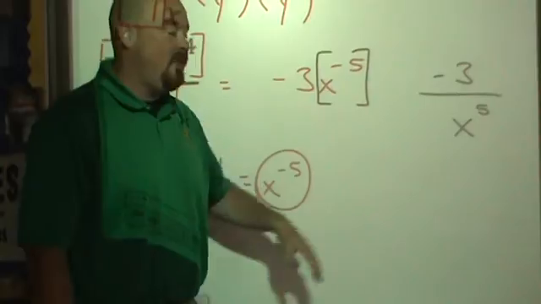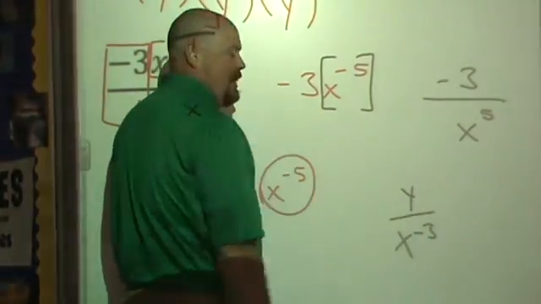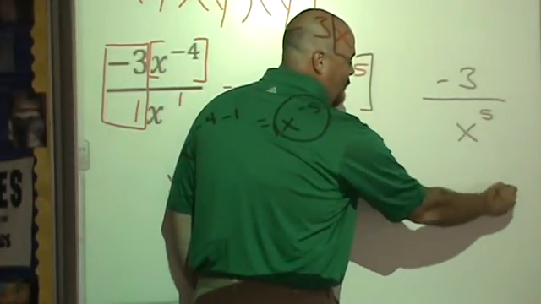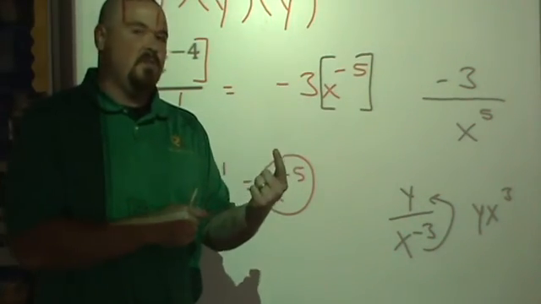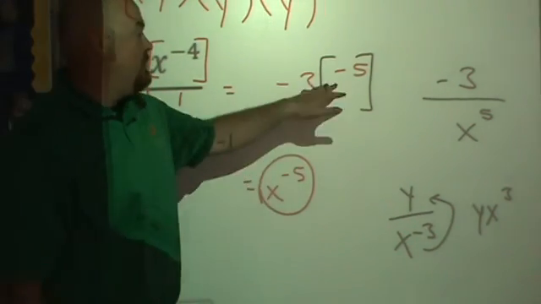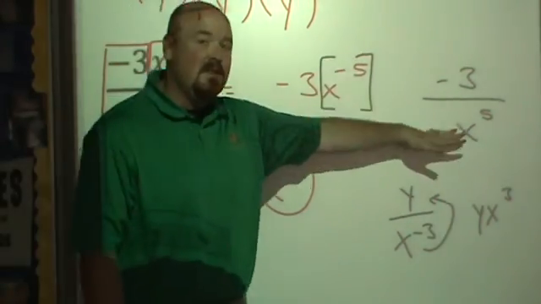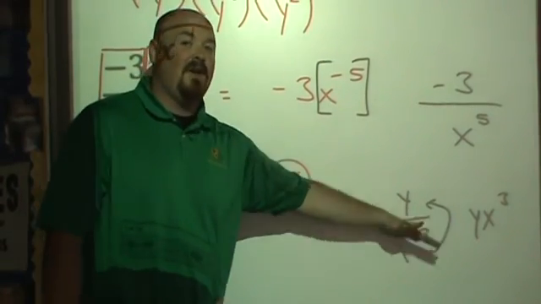If there's a negative exponent, let's say in the denominator, something like this, I can move that up to the top and call that y x cubed. So we're basically flipping its position relative to where it started. So since there is no fraction, there is no denominator, I would move it into the denominator if it's negative. But if there's already a fraction and it's negative, I can move it up.